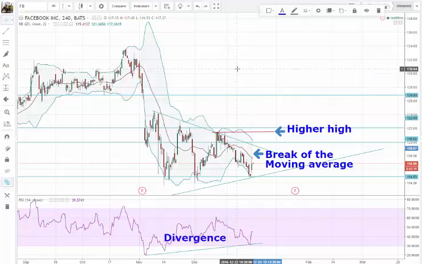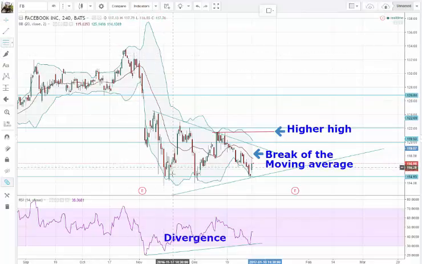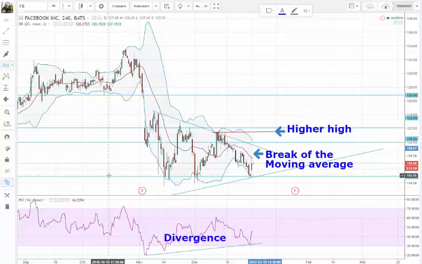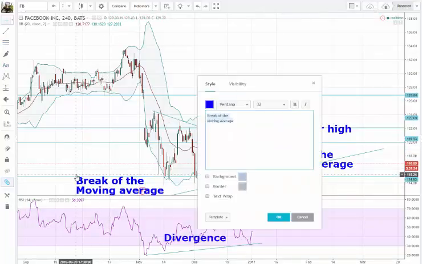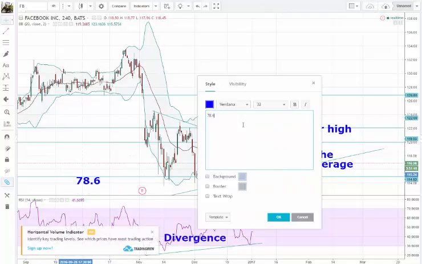Keep in mind the Fibonacci as well. I can draw it in. This level over here, let's put that in as well, is the 78.6 Fib retracement.